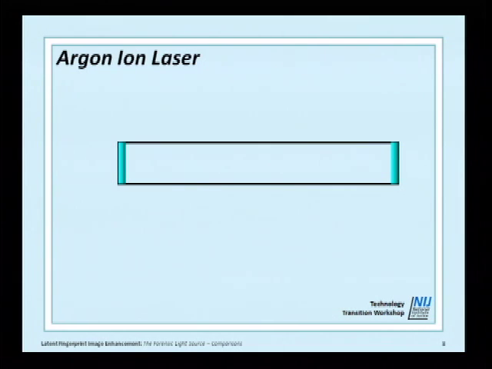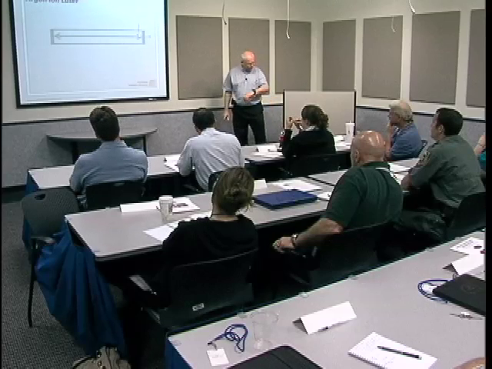And those mirrors have to be in perfect parallel this way and this way. And when they are, the light photons begin to oscillate back and forth down the length of the tube. And at this end, they're all being reflected, but at this end, 88% are being reflected and 12% are being transmitted through that mirrored surface.